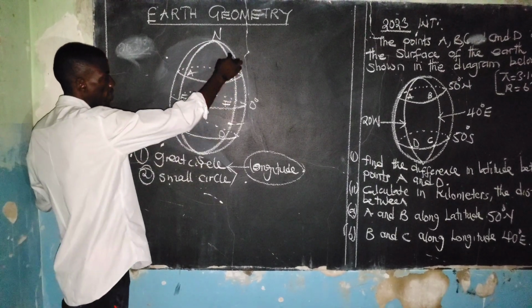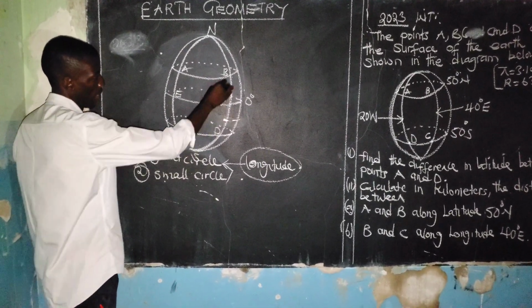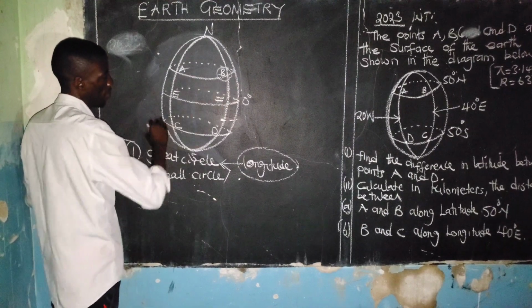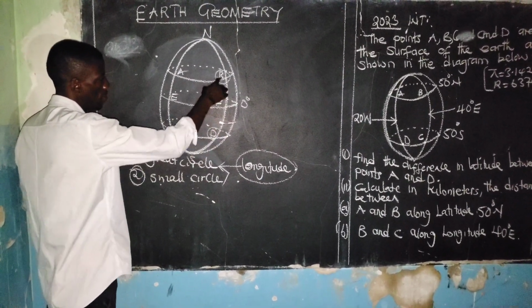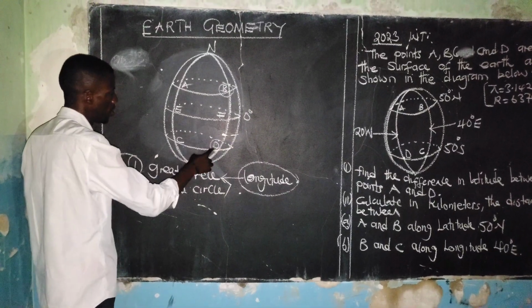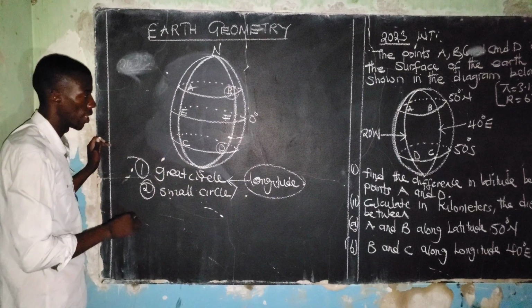So these points that are falling on the same longitude are in a great circle. So we have point B, we have D, of course, BD, BF, FD, AE, EC are in a great circle.